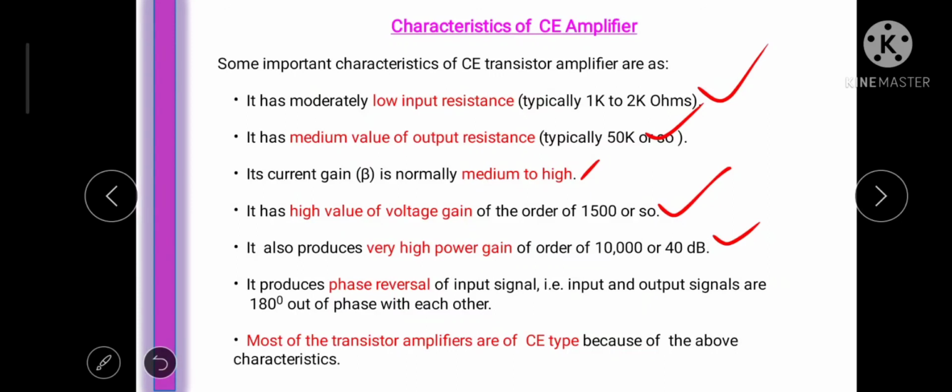This amplifier produces phase reversal of the input signal, that is, input and output signals are 180 degrees out of phase with each other. Because of all the above characteristics, this common emitter amplifier is one of the most versatile amplifiers used in various applications.